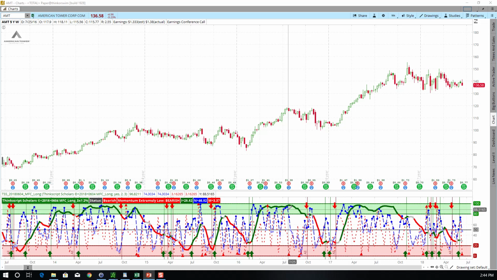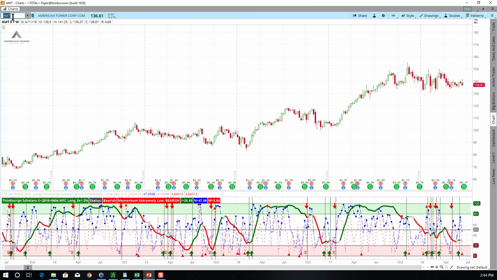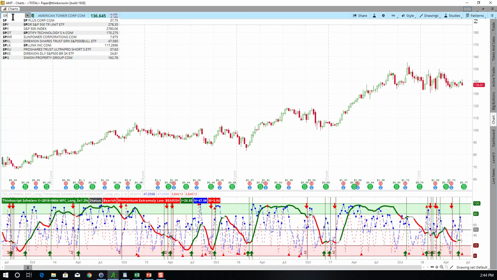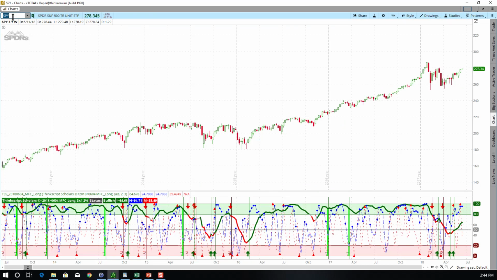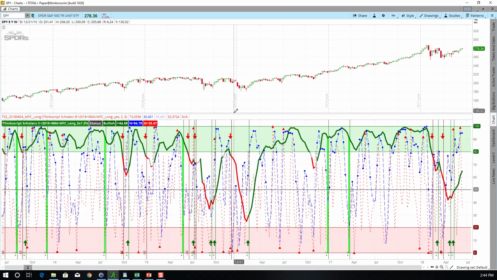This basically is a study shown here on this graph. We're going to switch over to SPY that exemplifies what we did in our prior study. These markings down here are on the market forecast study.